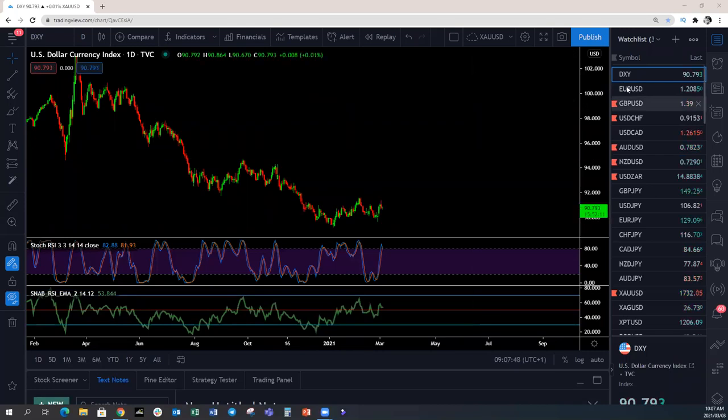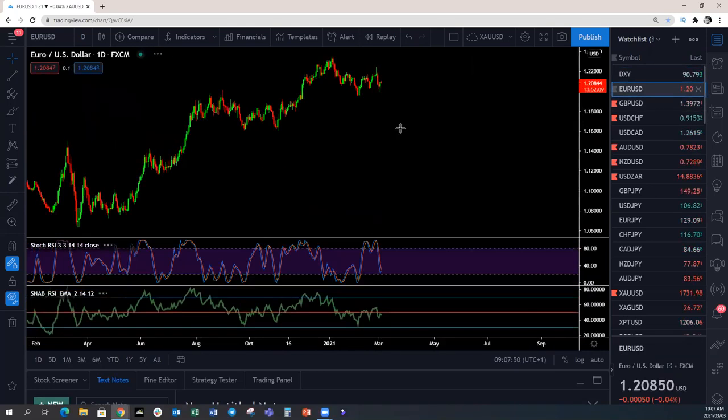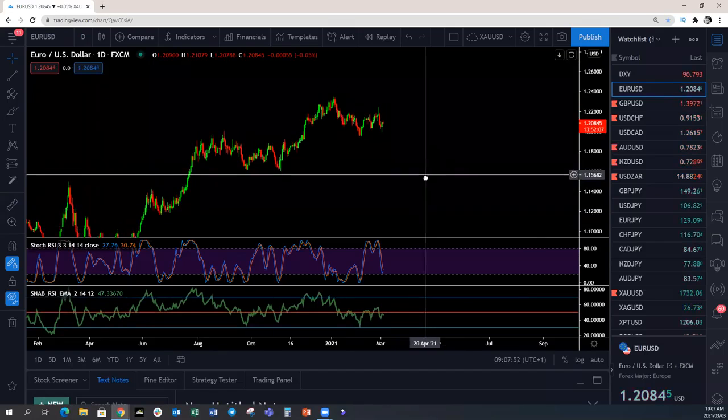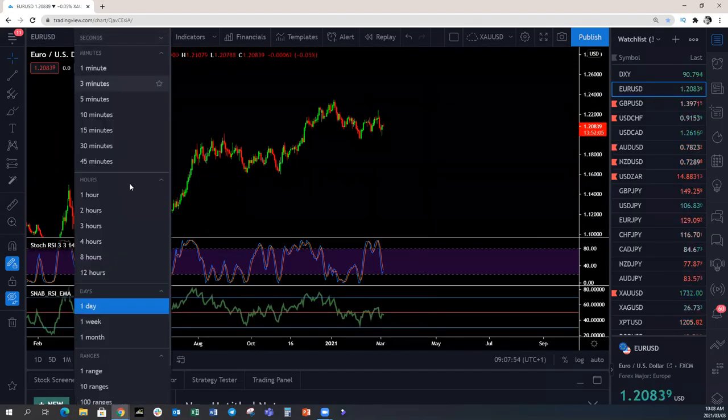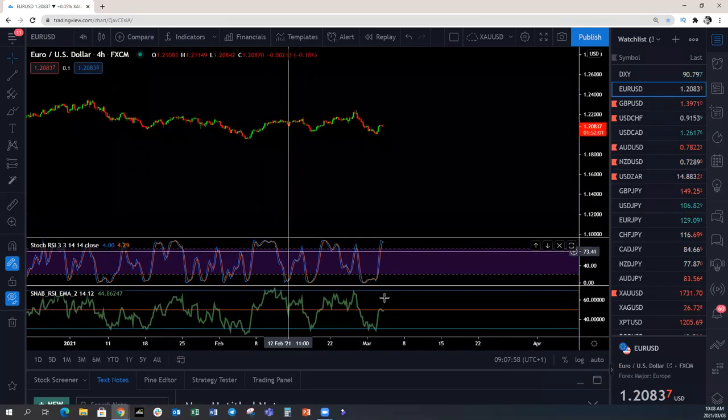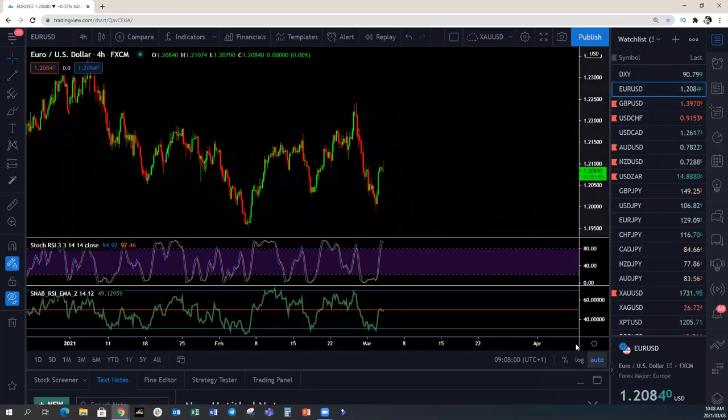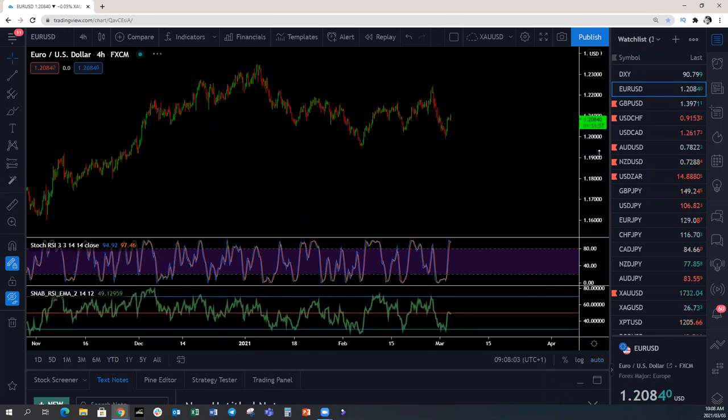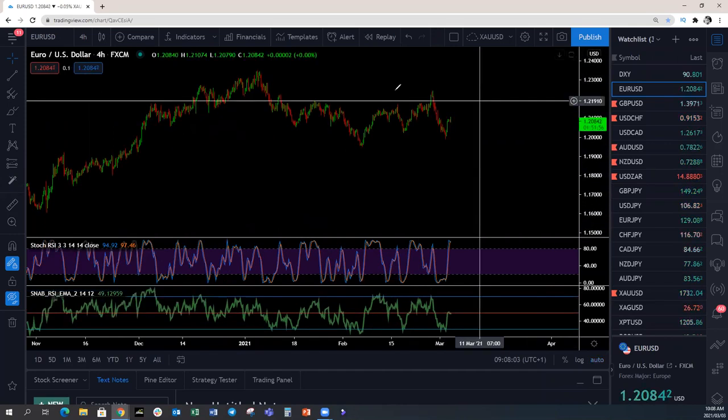Right, so there's another possibility on the DXY and the Euro. The structure could be something like this. Let's go to the 4 hour and verify if that structure is valid.